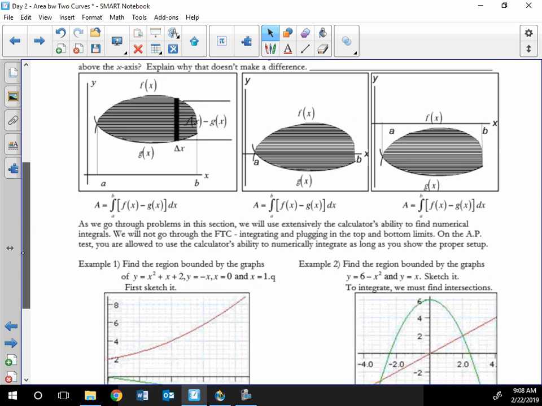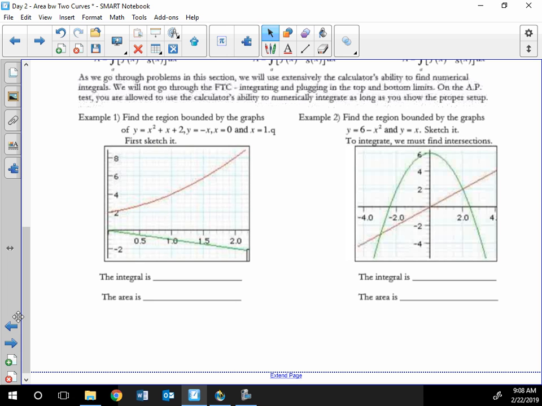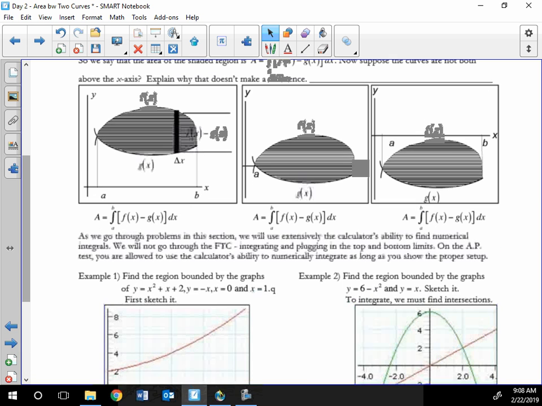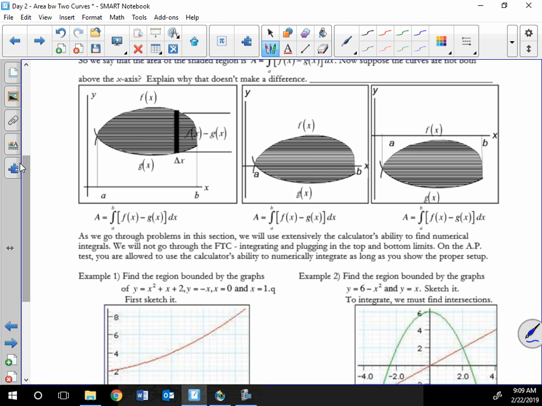Okay. So this will be on too. Even though we might have graphs that go underneath our x-axis, we're still going to do top minus bottom. Because if you think about it, our areas underneath the x-axis end up being negative areas.